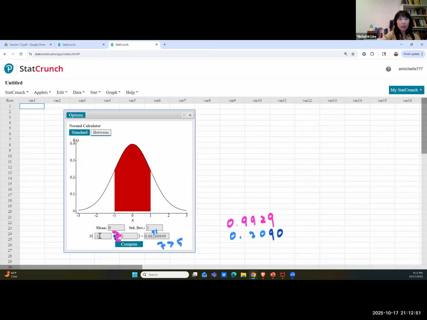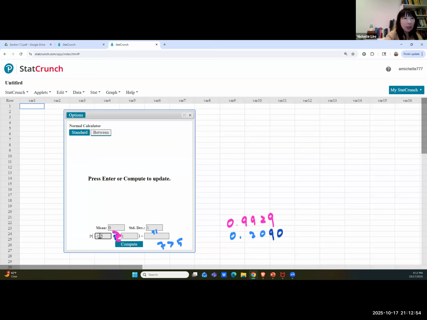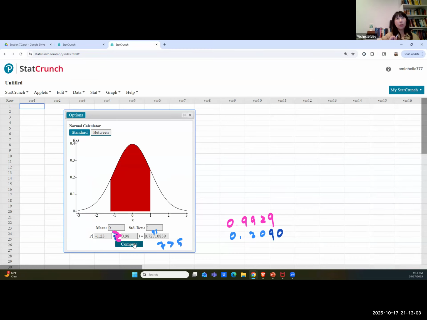So negative 1.23 between and 0.98, right? So 0.98. Okay, compute.